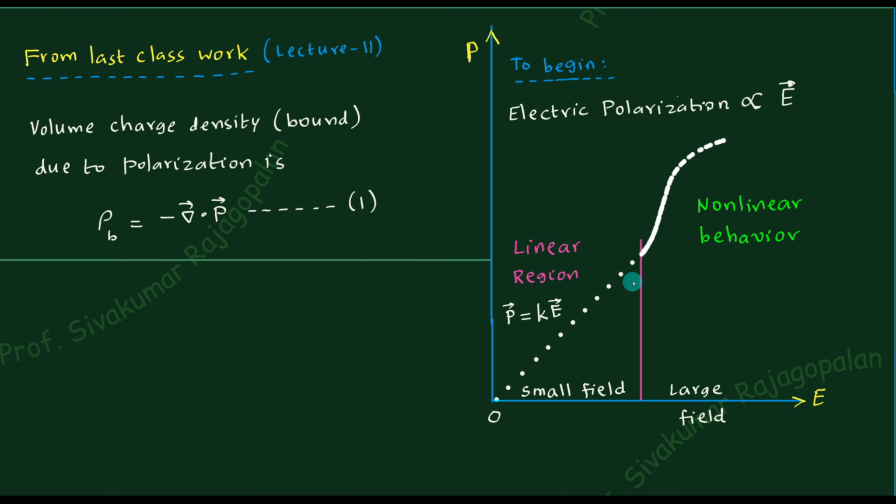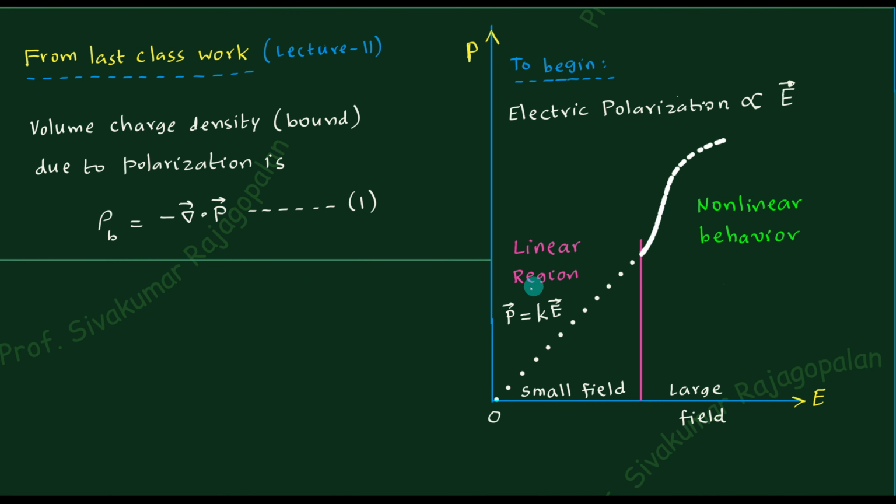So that is the point. And then for the most general situation where you don't make any specialization, for the classical electrodynamics course, we will be considering only the linear regime, which means that as long as the polarization is a straight line against the applied electric field, all that region, we will consider as the linear regime. So this is very important.